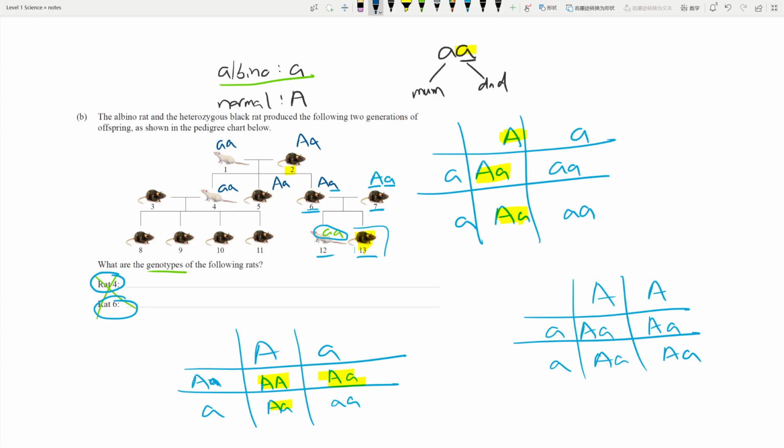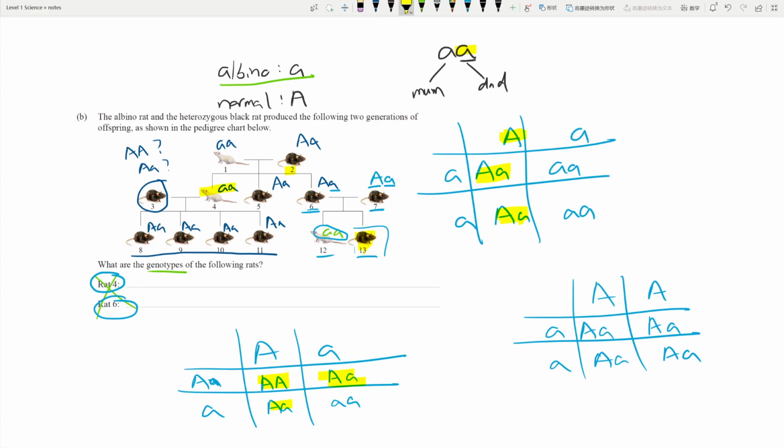Now if you look at number 3, we don't know. It could be capital A, capital A, or capital A, small a. Because if you look at 8, 9, 10, 11, these would have to be capital A, small a, each of them. How do you know that? We look at the parents.